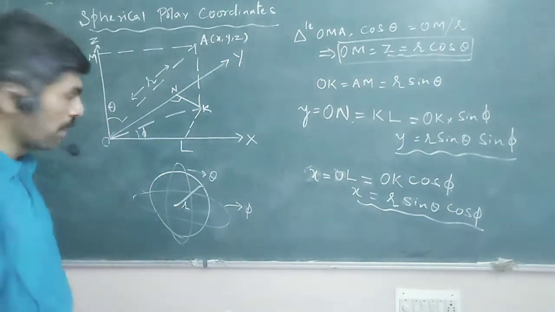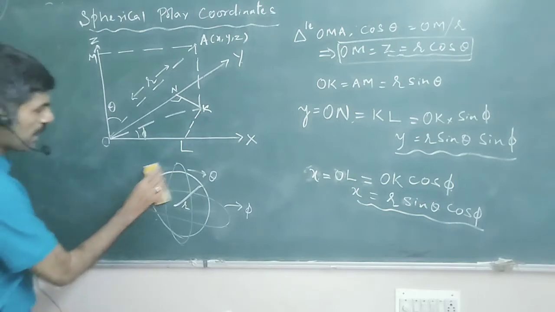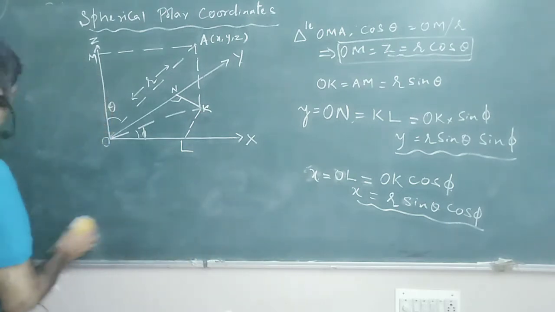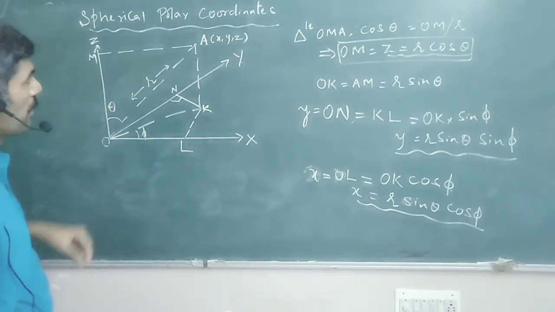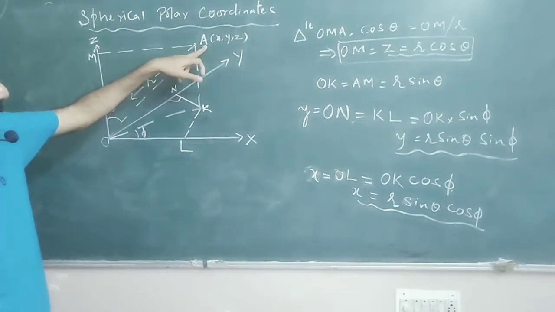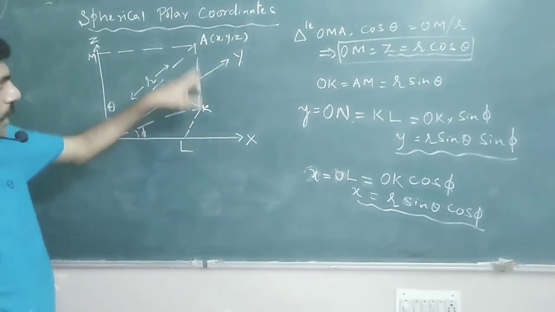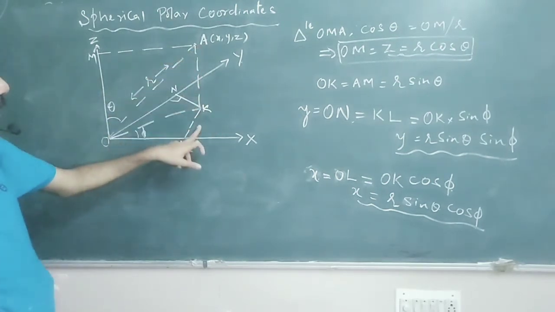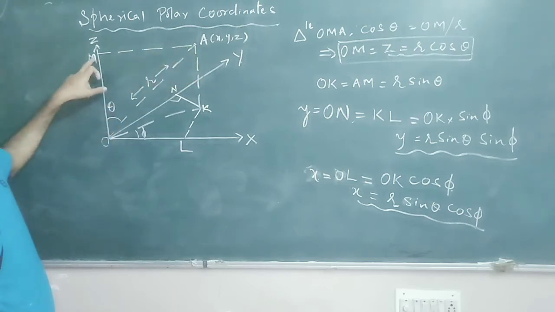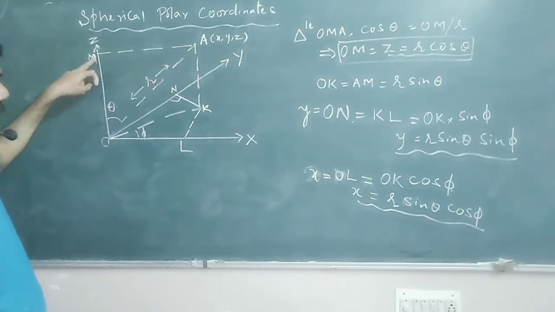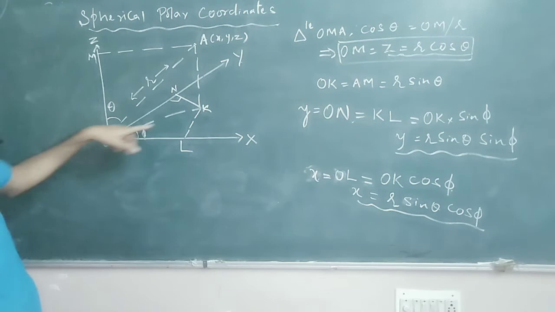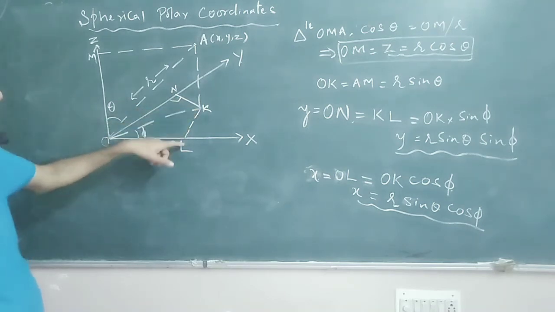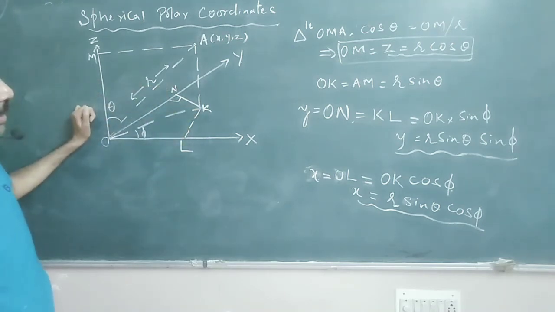To do that, we have taken, and I am going to erase this to avoid too many pictures on the board, a point and we are dropping a perpendicular AK to the xy plane. Then we are dropping one perpendicular to the z-axis and drawing the appropriate perpendiculars to the appropriate axis.